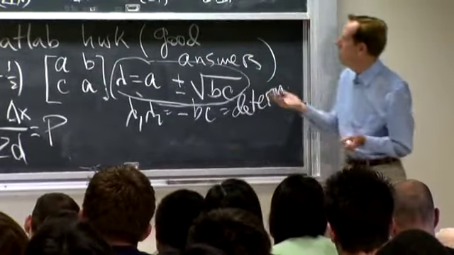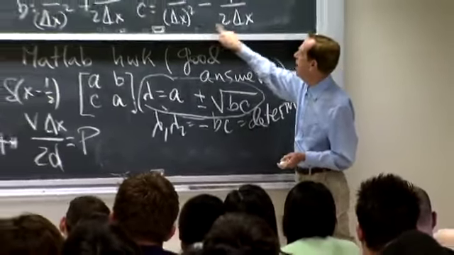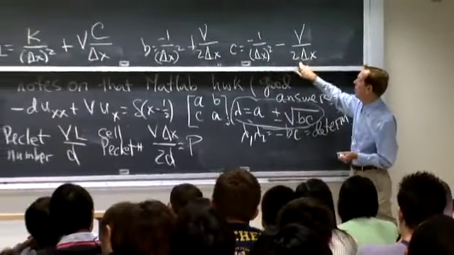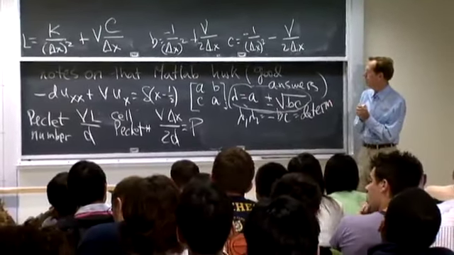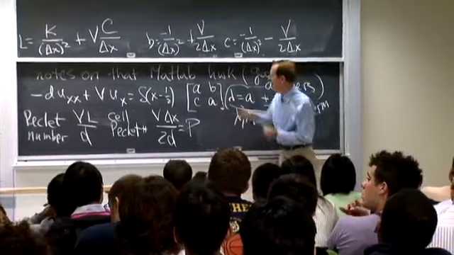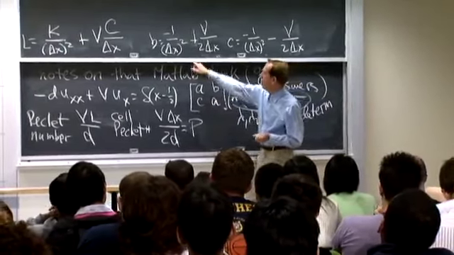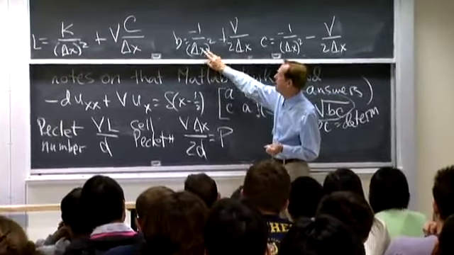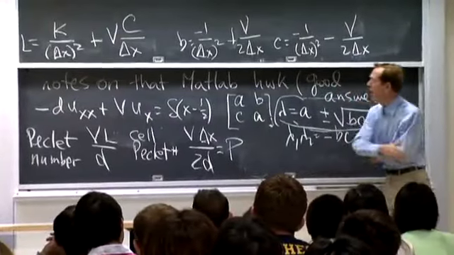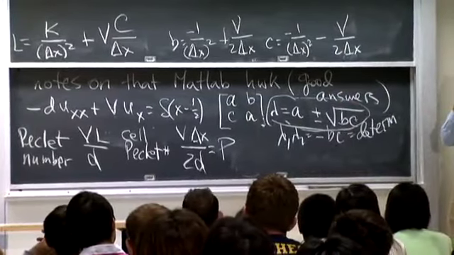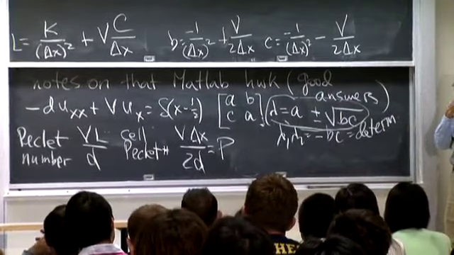C is for sure negative, so C is staying negative. And originally, for a little delta x, B is also negative.